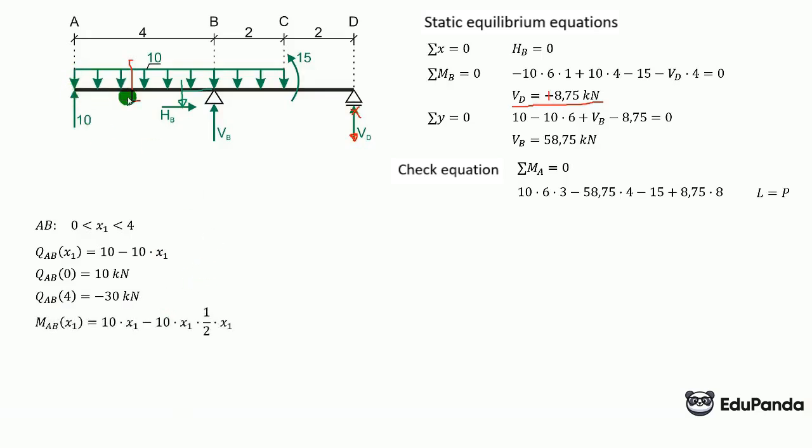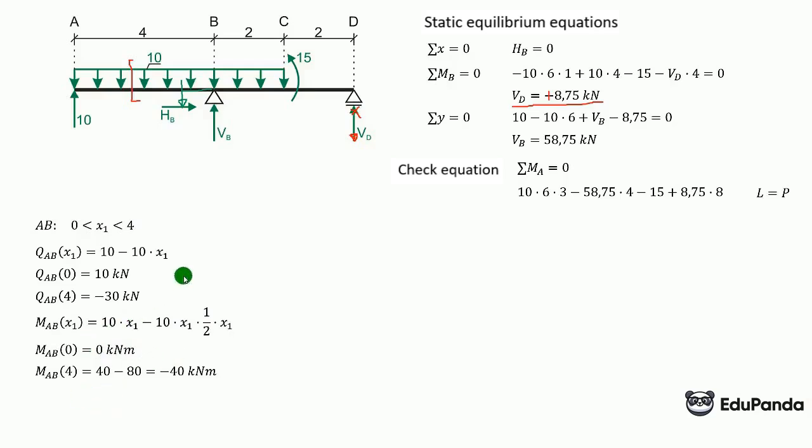Let's calculate the moment. 10 times the arm x1, minus the resultant, which equals 10x1 at the arm of 1/2 x1. As I said, everything is detailed in part 1. So we substitute the ends of the intervals, which are 0 and 4. For the value of 0, we get a moment equal to 0, and for the value of 4, we get minus 40 kNm.